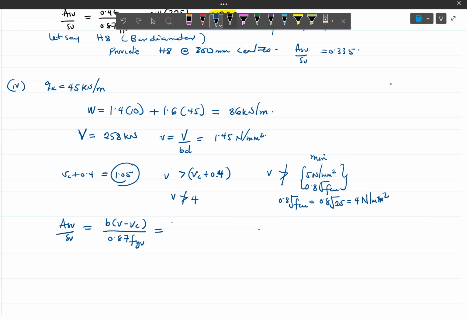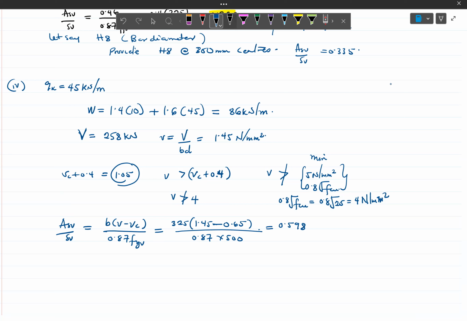So this becomes B, which is 325, times 1.45 minus our VC, which was 0.65. All of this is divided by 0.87 times 500. This will give us 0.598.